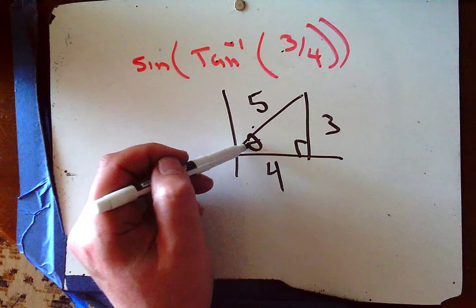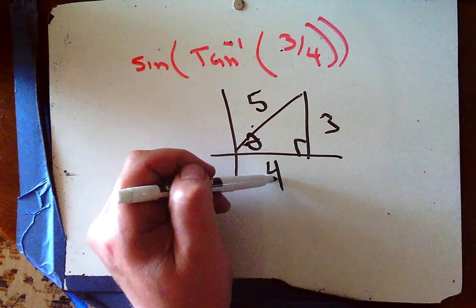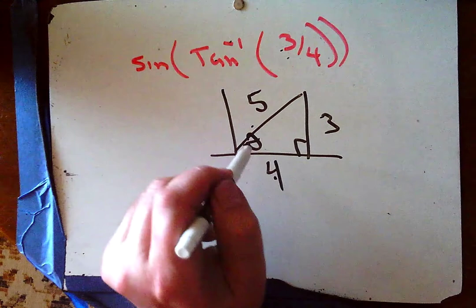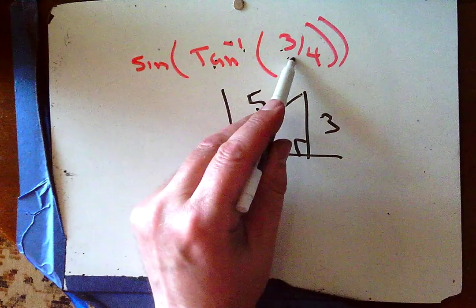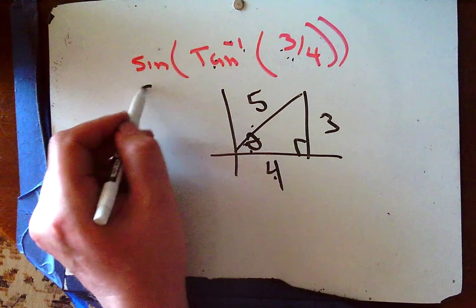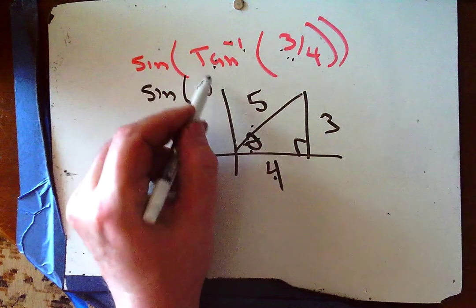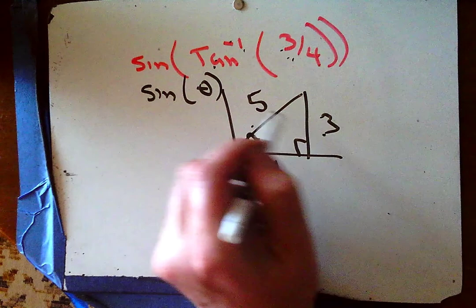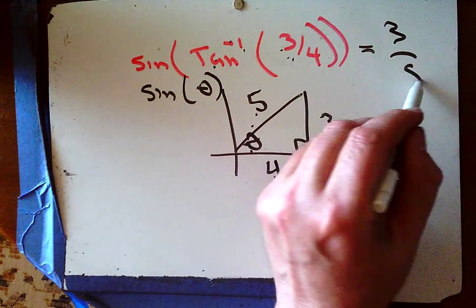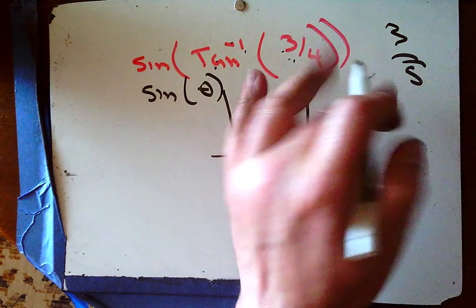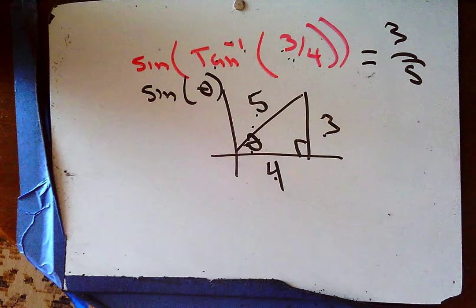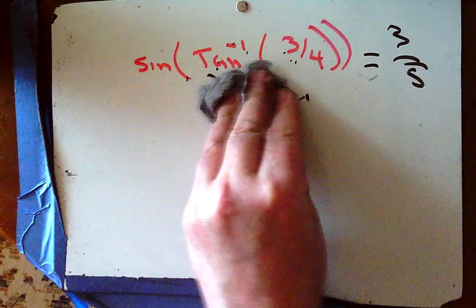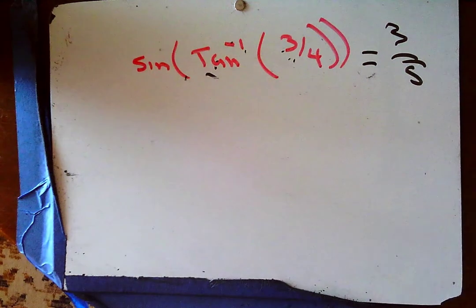This angle does. See, this angle has an opposite over adjacent of 3/4. What's the sine of that angle? The sine of that angle is opposite over hypotenuse, or 3/5. Okay, that's how these problems are going to be working. I recommend drawing a triangle.